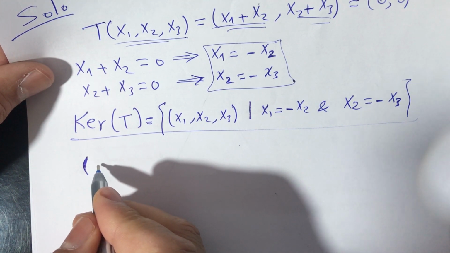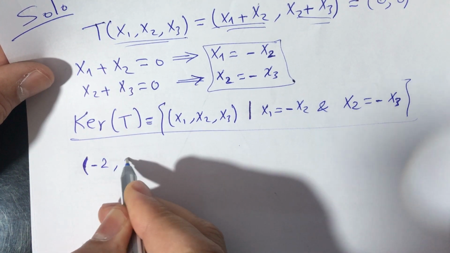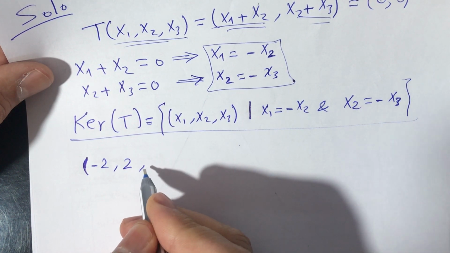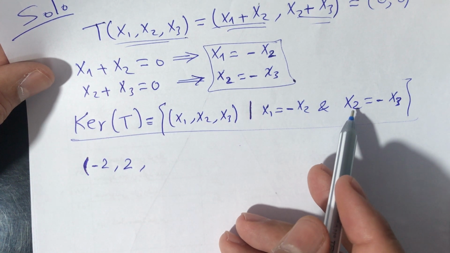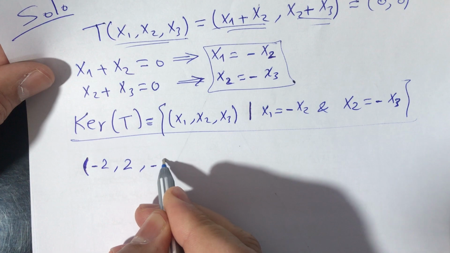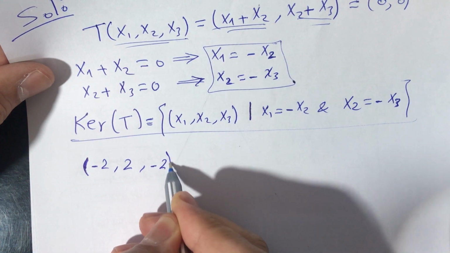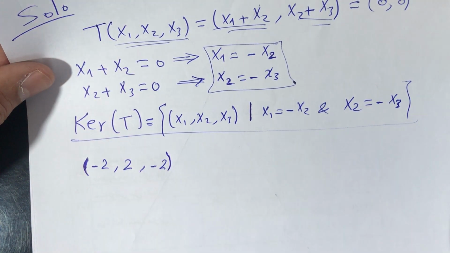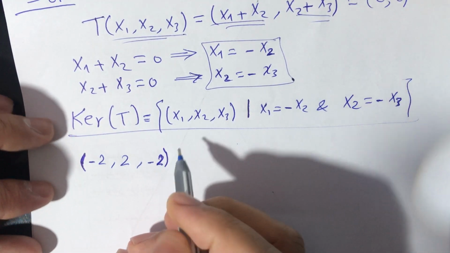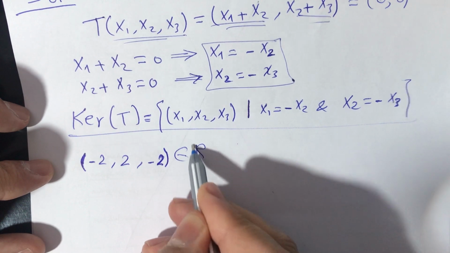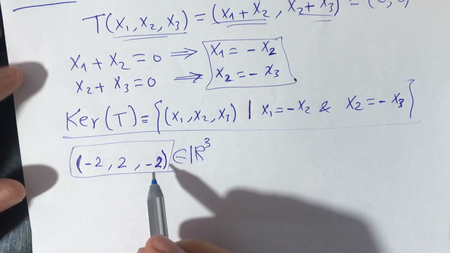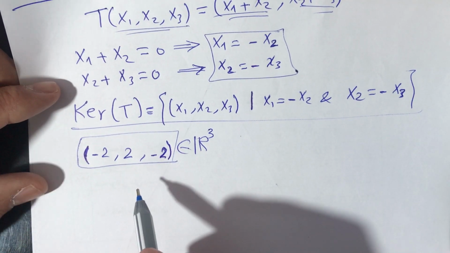Here minus 2, here 2, and here x2 will be equal to minus x3. So this is minus x2 equal to minus x3. Now this belongs to R3. Does this belong to the kernel?